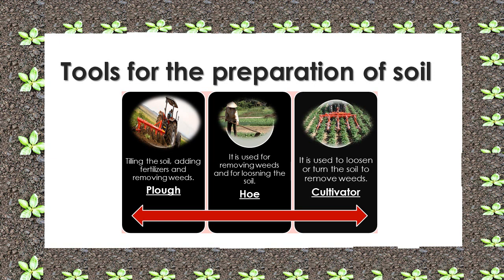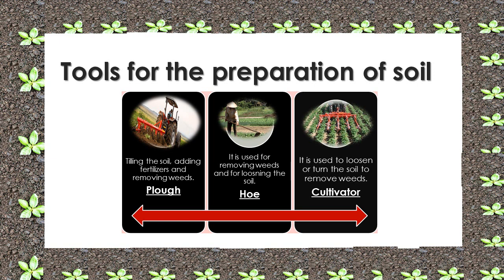Plough is for tilling the soil, adding fertilizer, and removing weeds, while hoe is used for removing weeds and for loosening the soil. Cultivator is used to loosen or turn the soil to remove weeds.